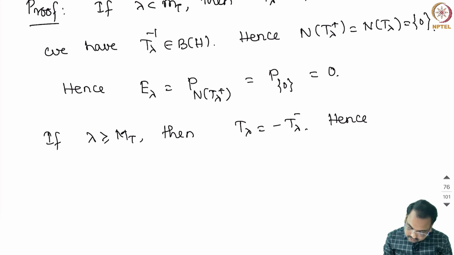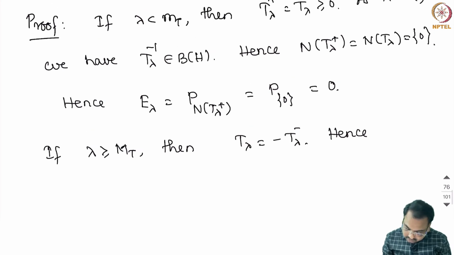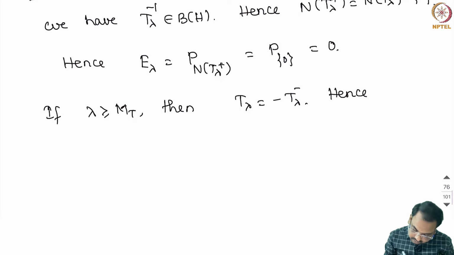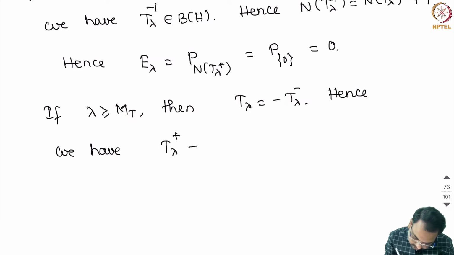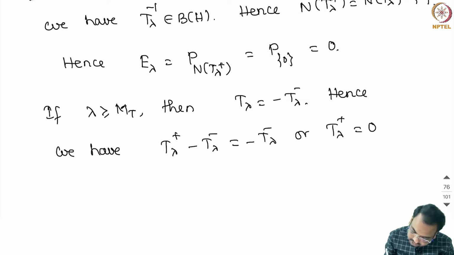In this case T lambda is nothing but minus T lambda minus. But T lambda is nothing but T lambda plus minus T lambda minus, that we got as minus of T lambda minus, so we can say that T lambda plus is a 0 operator.